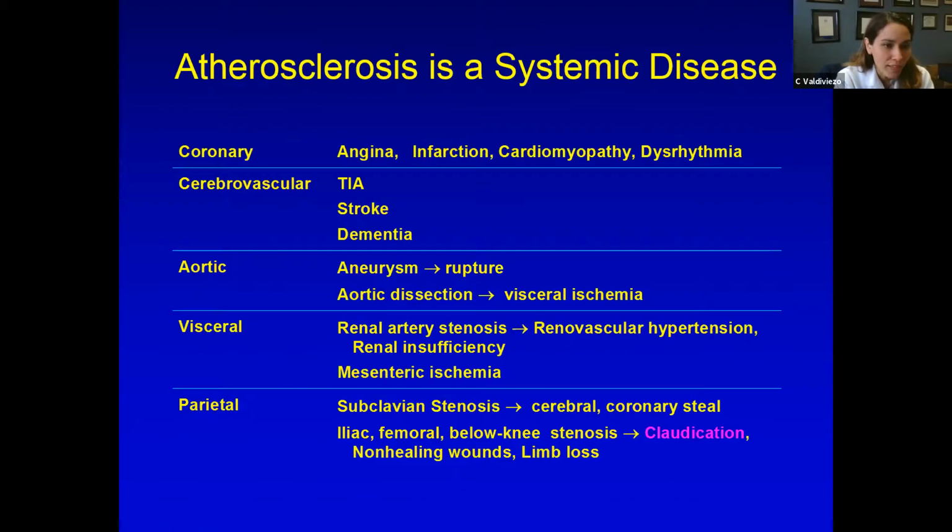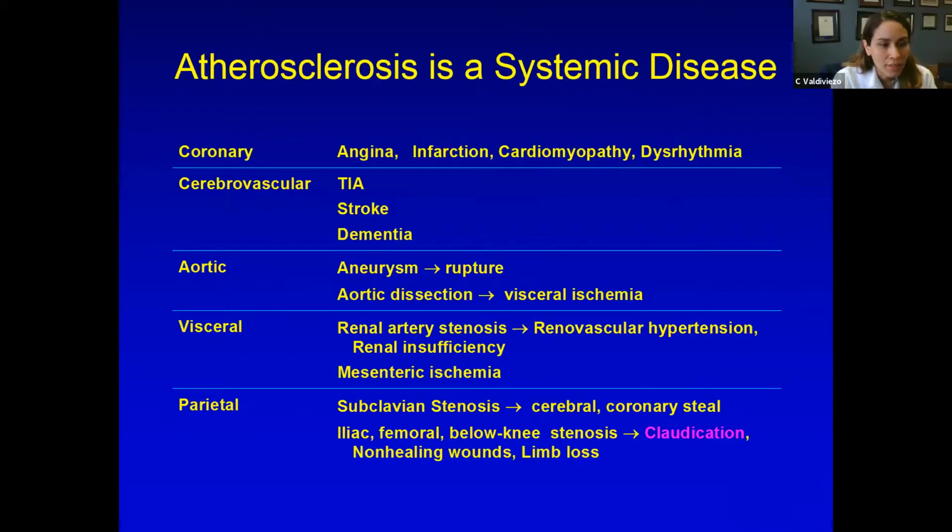In the cerebrovascular circulation, it will manifest as TIA, stroke, and dementia. It can affect the aorta and lead to aneurysm formation and rupture, or aortic dissection. There can also be atherosclerosis of the visceral arteries that can lead to renal artery stenosis and renovascular hypertension, renal insufficiency, and mesenteric ischemia.